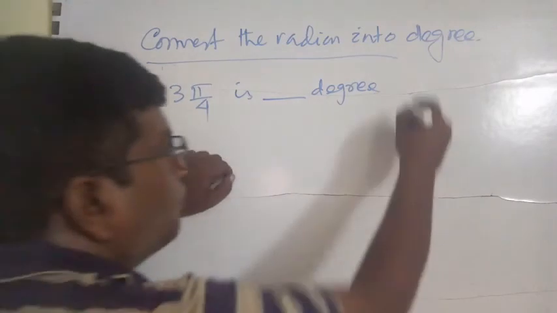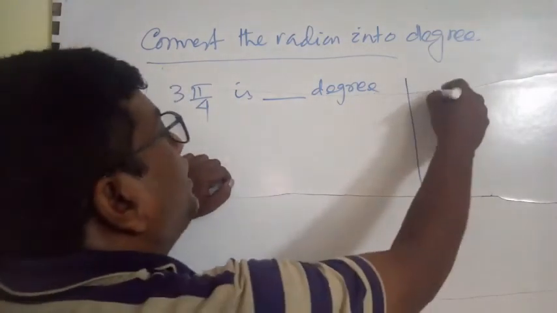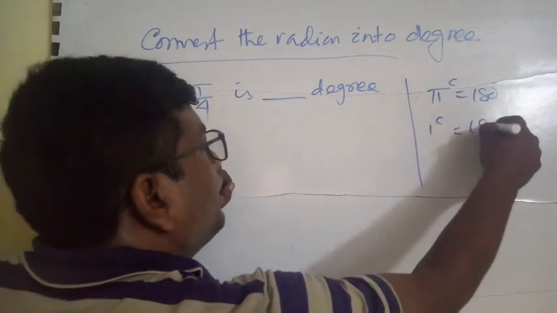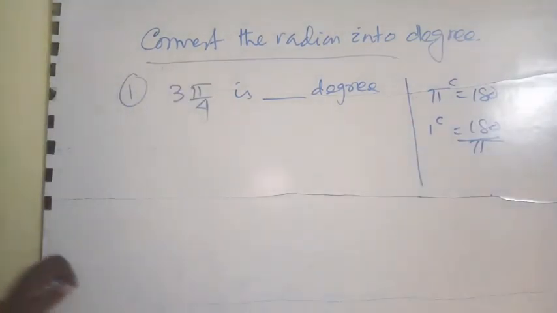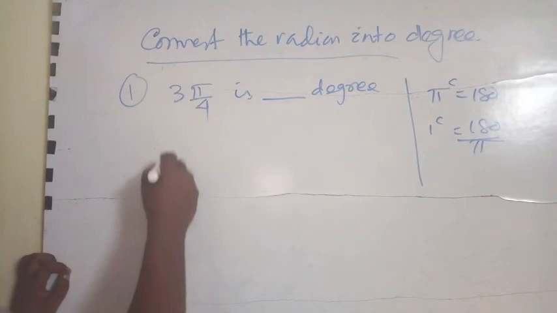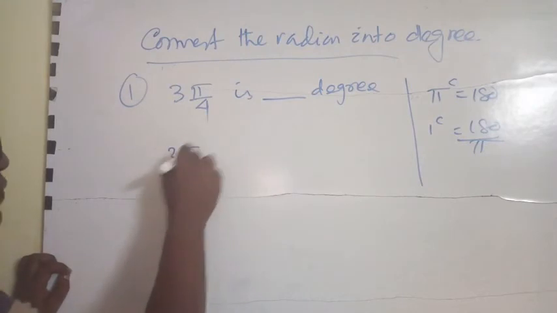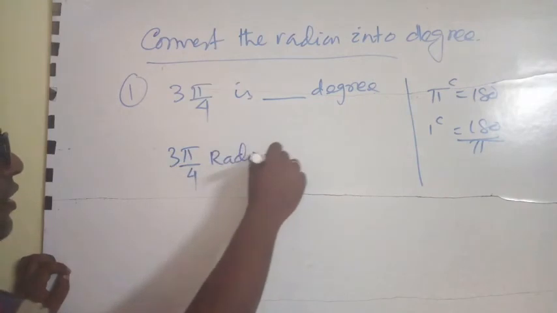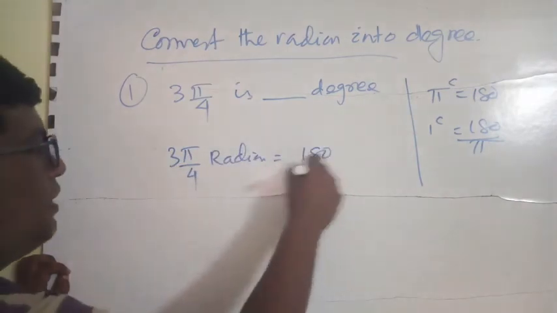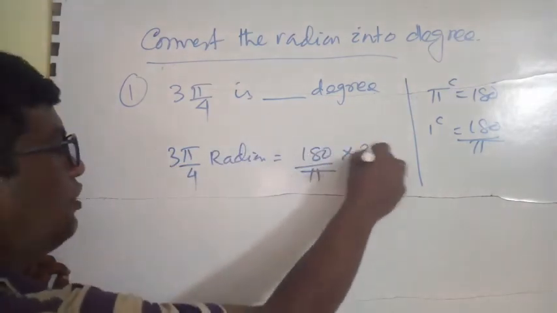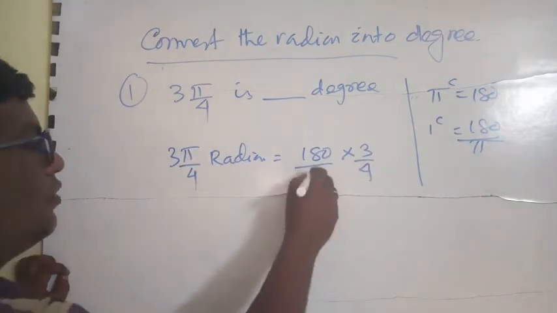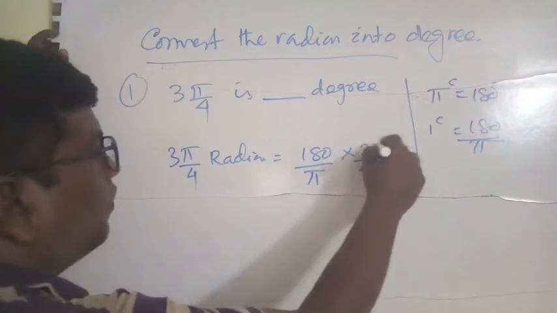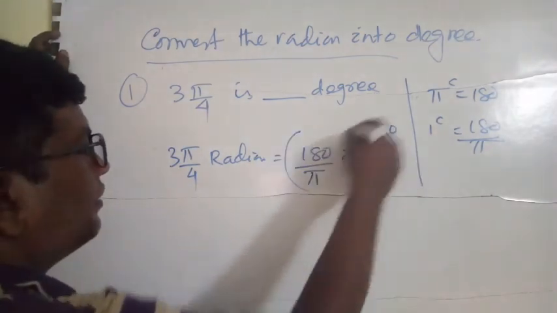We know pi radian is equal to 180 degree. 1 radian equal to 180 by pi, so 3 pi by 4 radian is equal to 180 by pi into 3 pi by 4 degree.